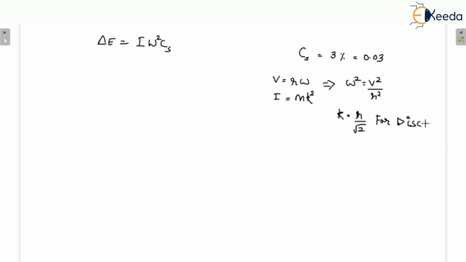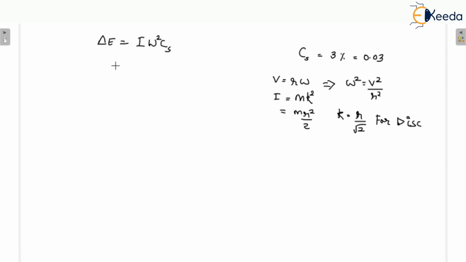If it is mentioned in the question that the flywheel is a ring, then you apply the radius of gyration k is equal to R. But it is not mentioned in the question whether the flywheel is a disk or ring, so you just have to consider the flywheel as a disk. So we know that for the disk, I is equal to m R square by 2.